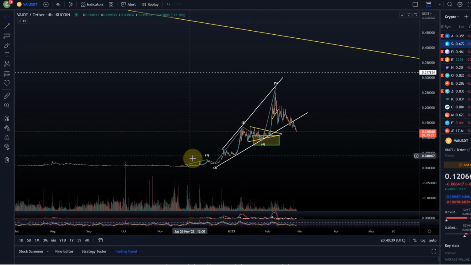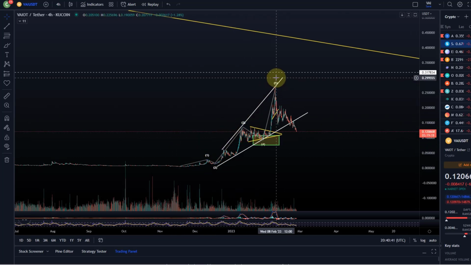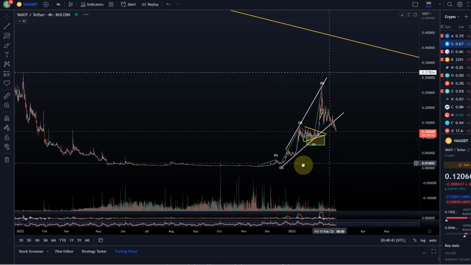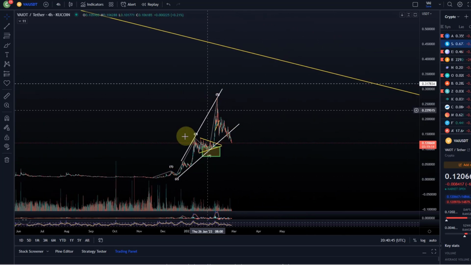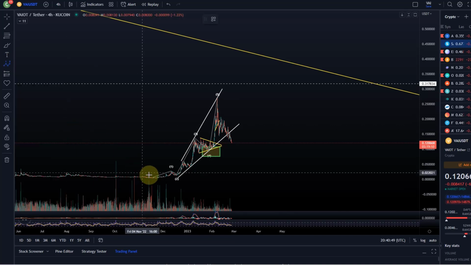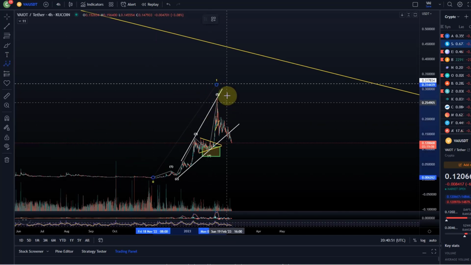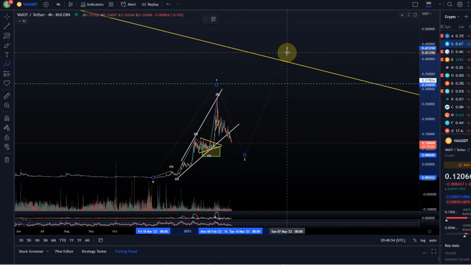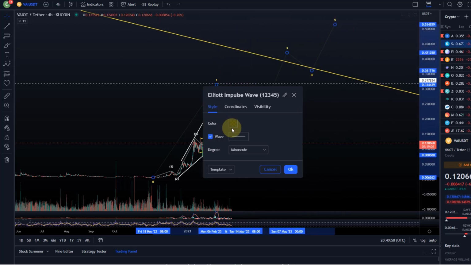A problem is a diagonal is not an impulse. What does that mean? That means if you have only a diagonal pattern as a first wave, because in a bullish interpretation, this would be a wave 1, and then we would now come down in a wave 2, and it would subdivide higher.